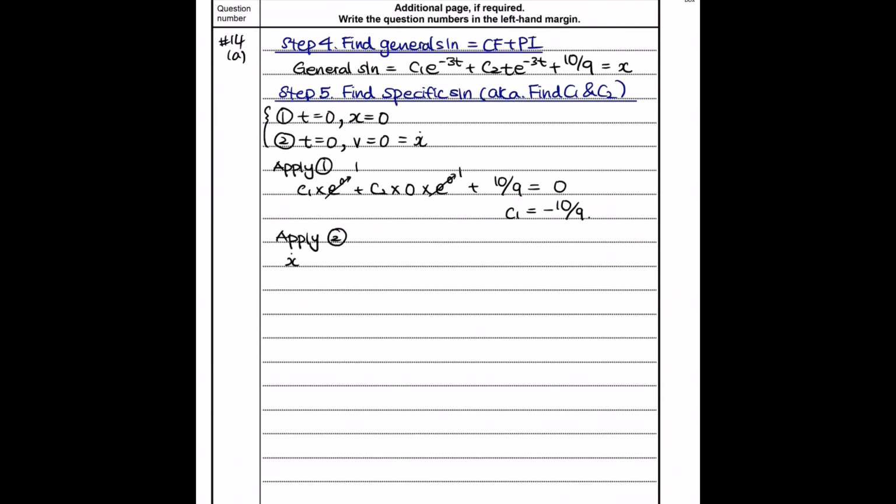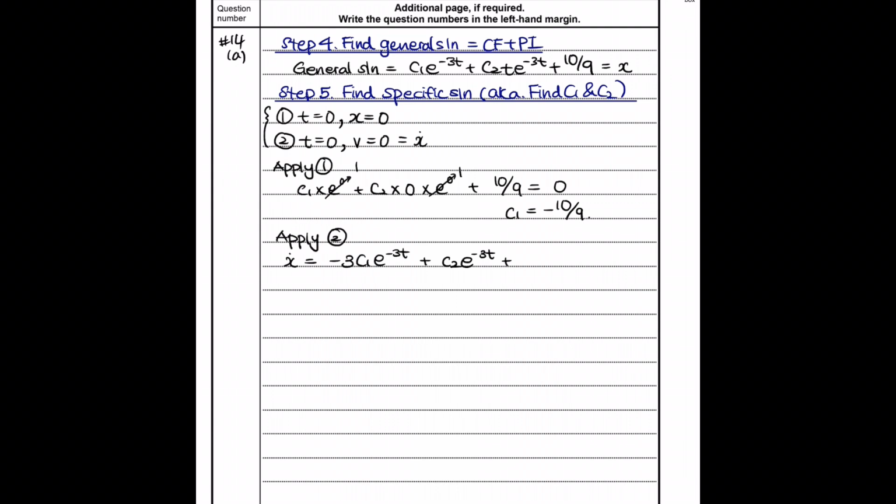So our second boundary condition involves the derivative of x. So we're first going to find the derivative of our general solution, which will become minus 3 c1 e to the power of minus 3t. And the second term has two functions multiplied. So we're going to do product rule, where we differentiate the t term first, then it becomes just 1.